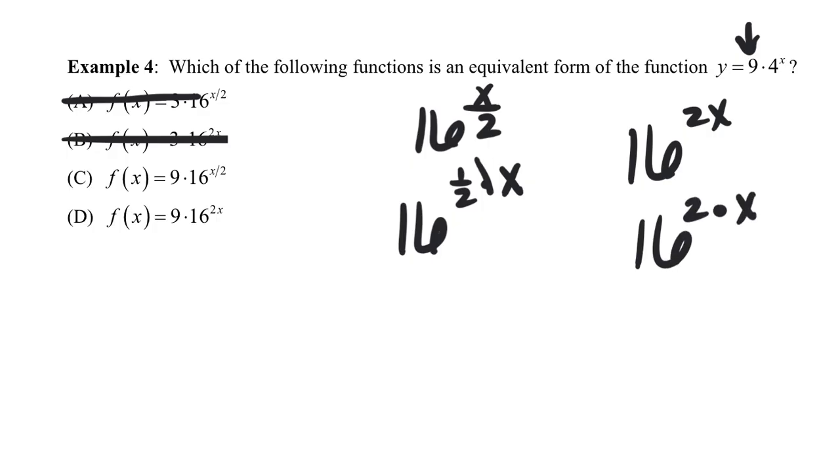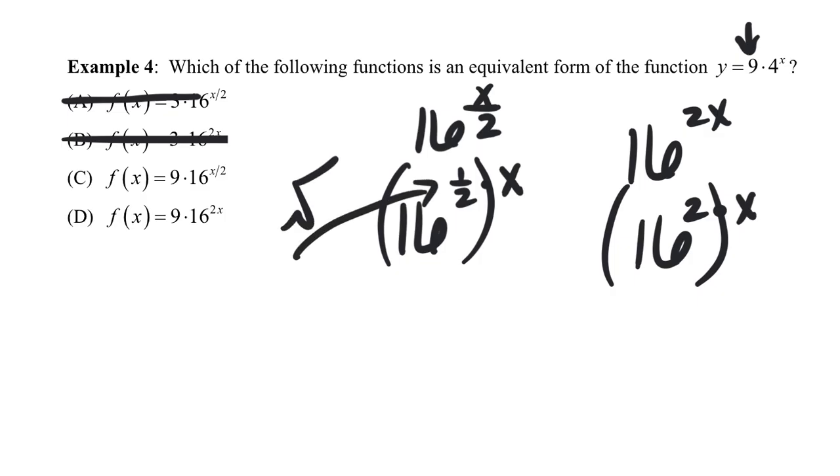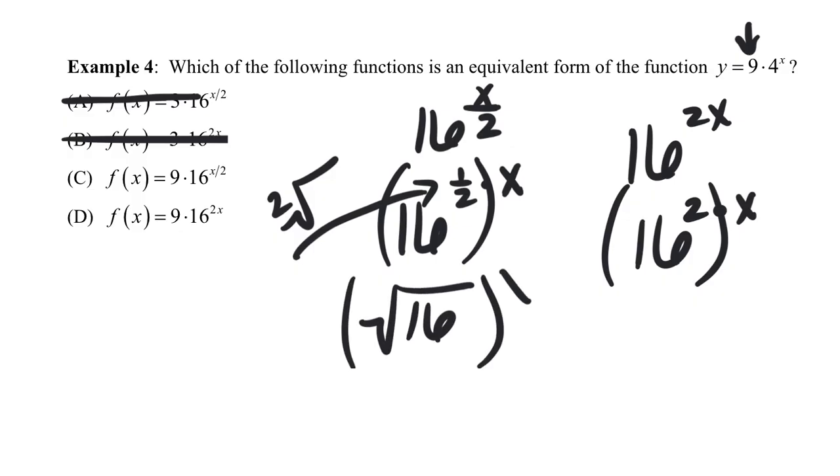So whenever that multiplication is happening, here's where the parentheses go. Well, anything raised to the 1/2 is the same as taking the square root. So 16 to the 1/2 is really the square root of 16. 16 squared is 256, at least I hope.